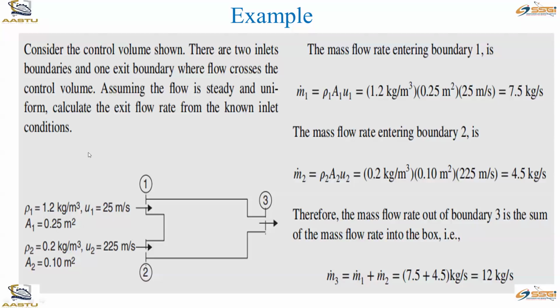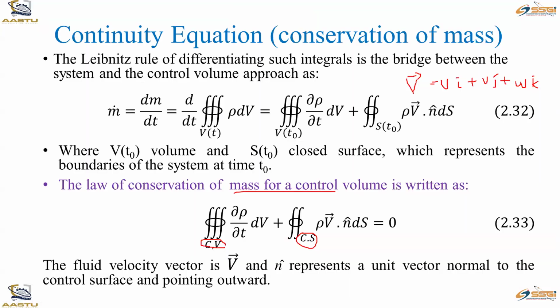Based on the above definition of mass flow rate, a simple expression for mass flow rate is m1 equals rho 1, A1, and U1: density, area, and velocity relation. So this is a simple representation for the mass flow rate.